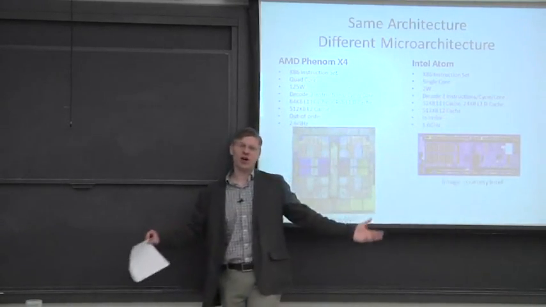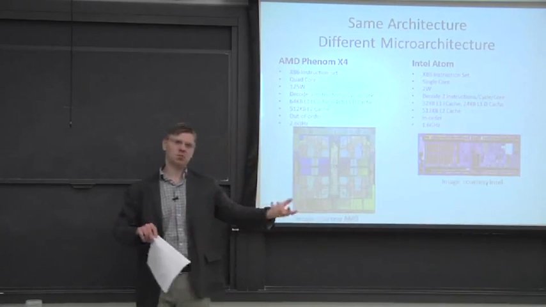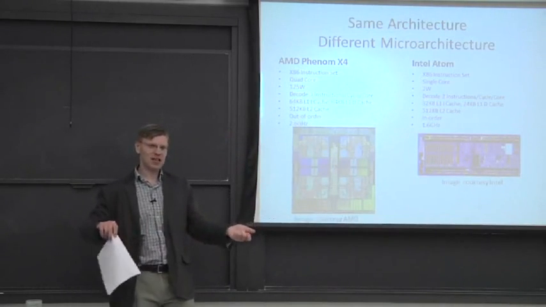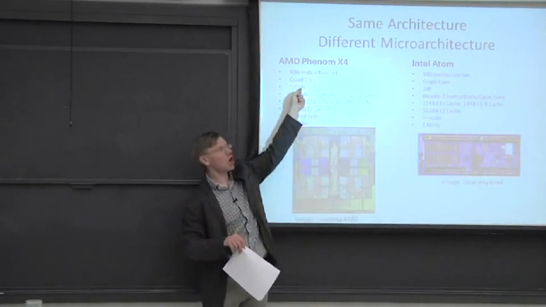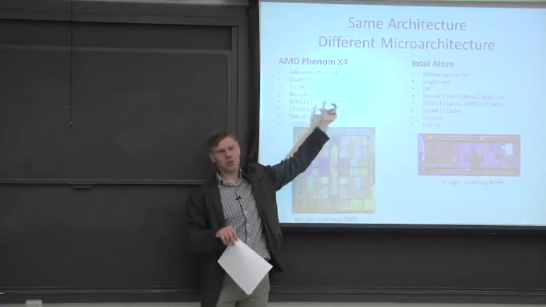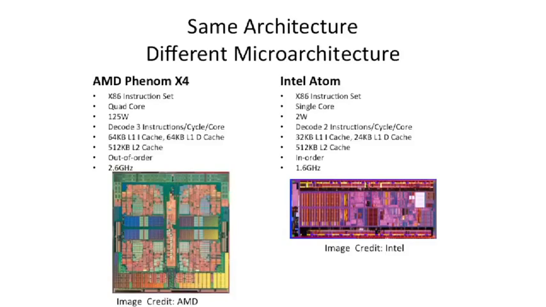So there are design trade-offs. You're going to want to build different processors in the same design technology, but with very different cost, power, and performance trade-offs. This one can decode 3 instructions. This one can decode 2 instructions, so that's a microarchitecture difference.